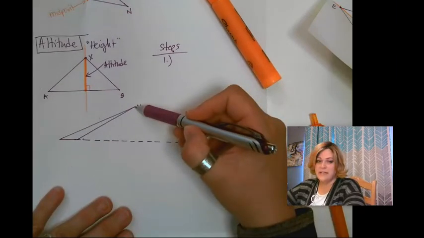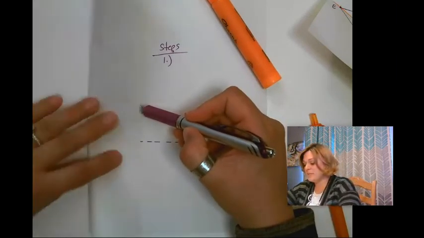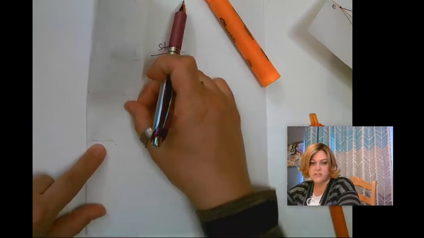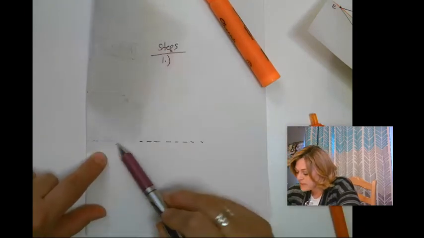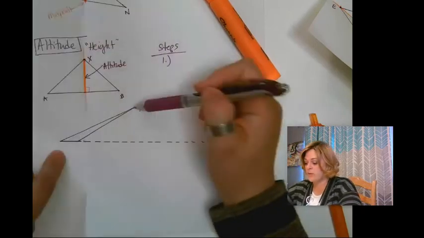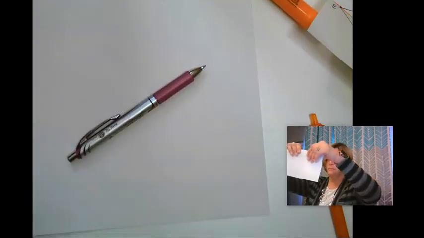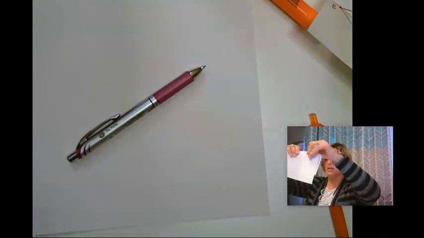So through point A, I'm going to line up these dashed lines and the base of that triangle, so they're lined up perfectly along there, but through point Y. So I'm going to take point Y, make the fold. I got to hold that. Line up those dashed lines.